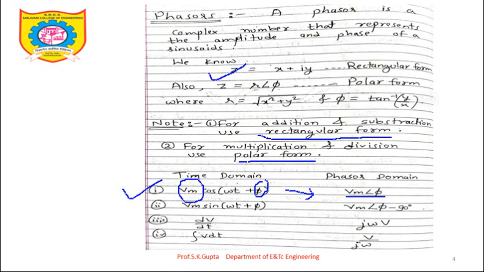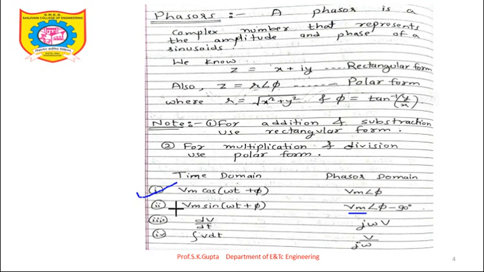If my function is Vm sin(omega t plus phi), then in that case it is represented as Vm with phase angle phi minus 90 degrees, because I am considering the cos function as the base. If my sinusoid is sin(omega t plus phi), then it is phi minus 90, because by subtracting 90 degrees we get the cos function again.